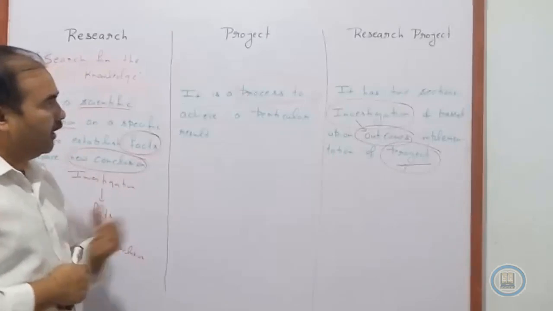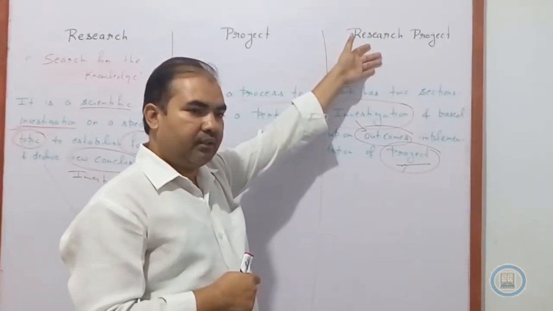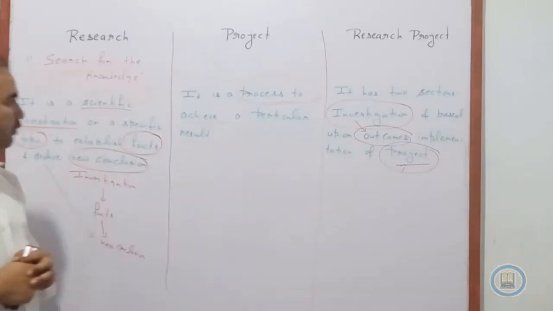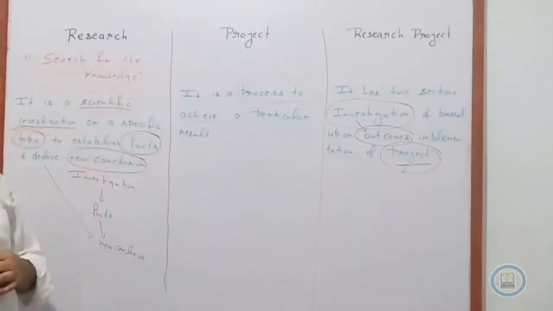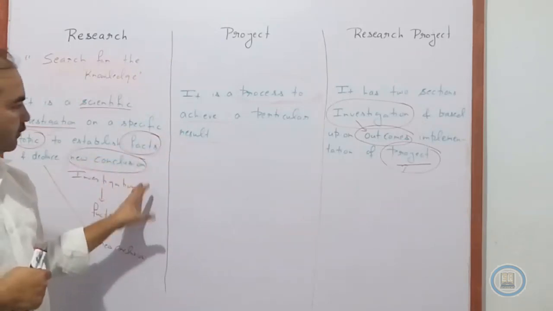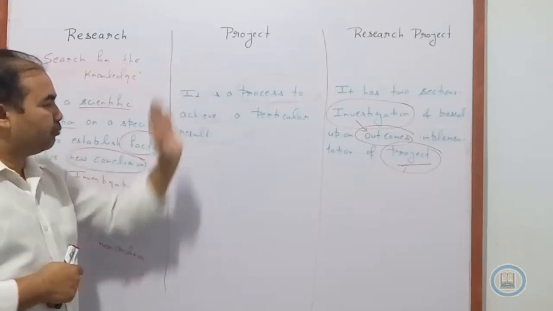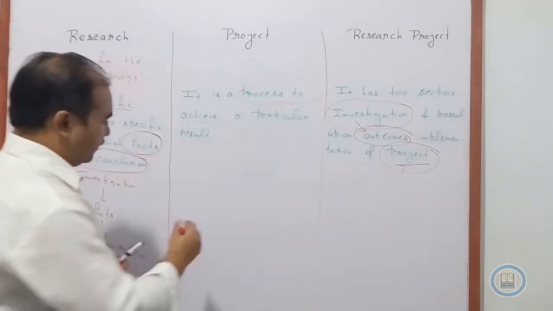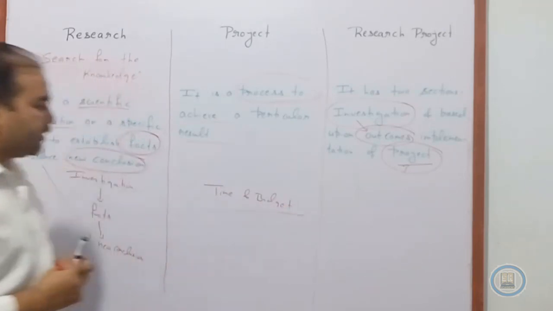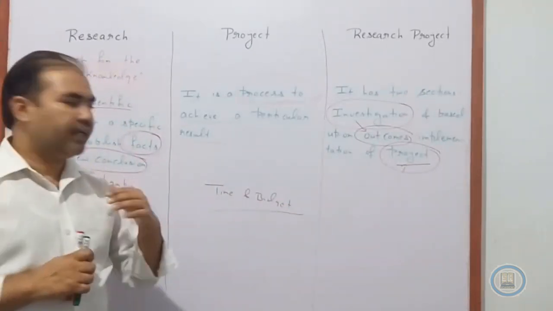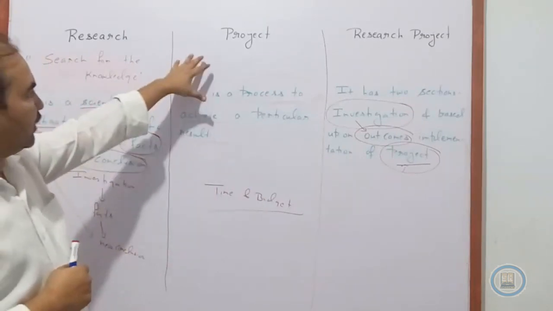And for the research, it may be for the complete community. So in this way we can differentiate research and project. Research is of broader sense, the project is of narrower sense, and inside the project we always have the constraints of time and budget. That is, your customer will give you a specific time and a specific budget. Based upon that time and budget, you need to work.